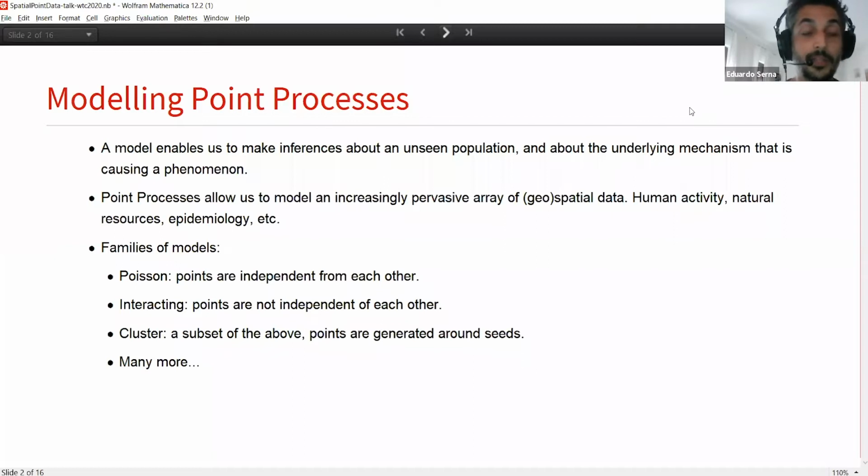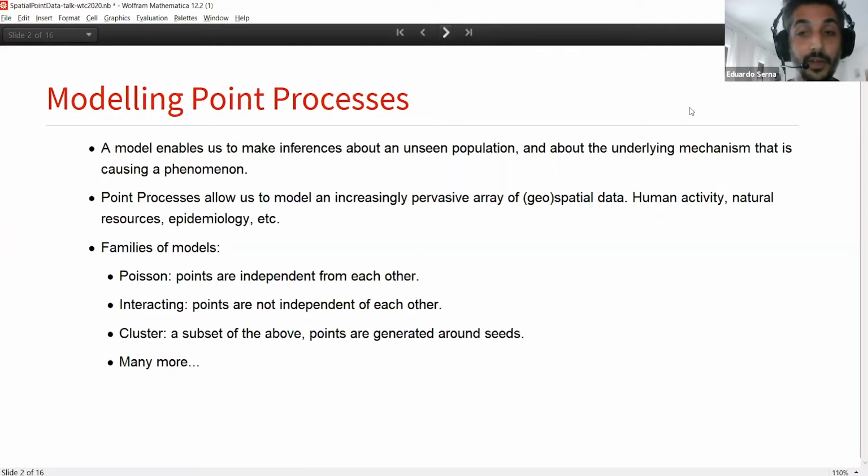And spatial point processes allow us to model an increasingly pervasive array of geospatial data: human activity, natural resources, epidemiology, ad tech, and so on. This is becoming very important nowadays, and very big data sets are coming online. People are very interested in this.